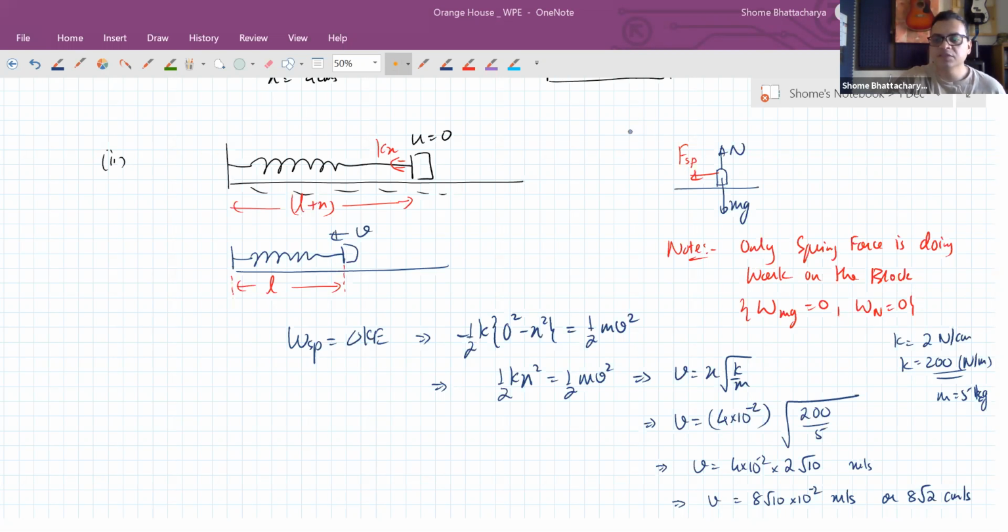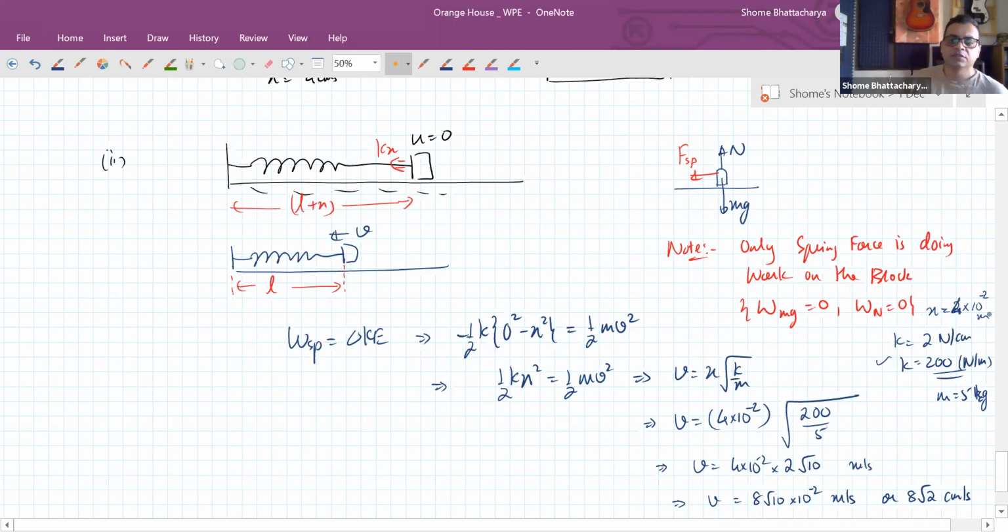We have to substitute everything in SI unit. Okay, so K has to be substituted as 200, but x has to be substituted as 4 centimeters. So that's 4 into 10 raised to minus 2 meters.